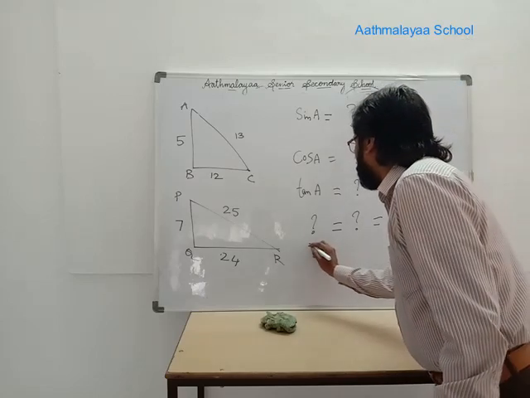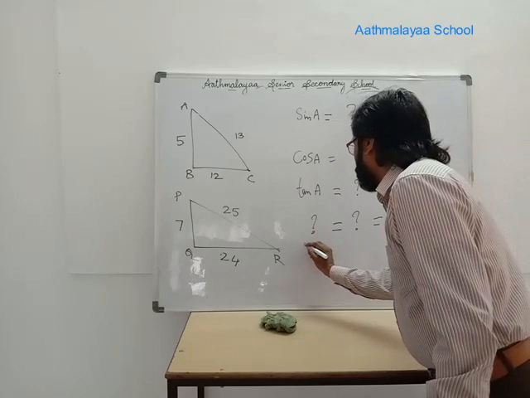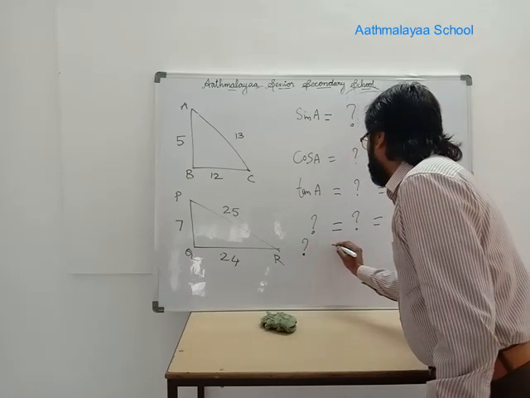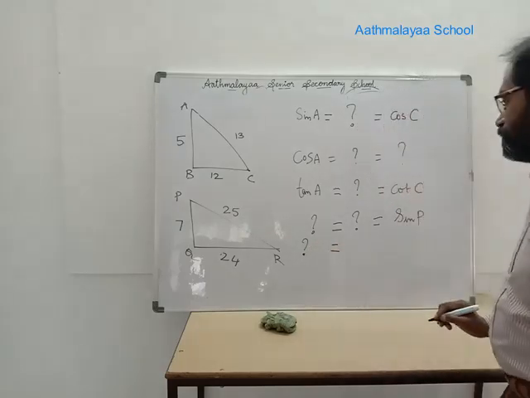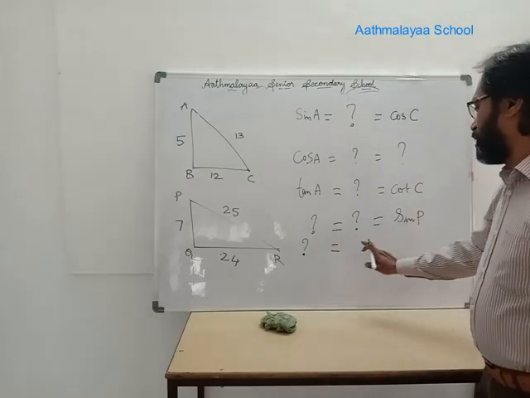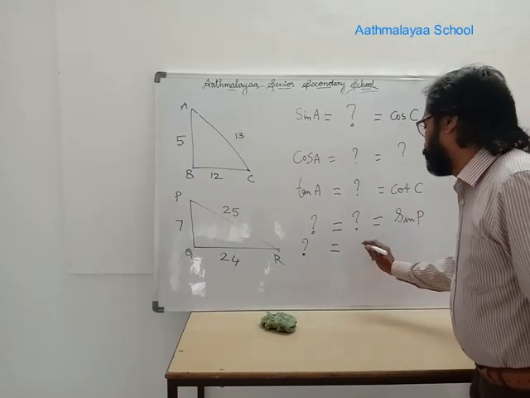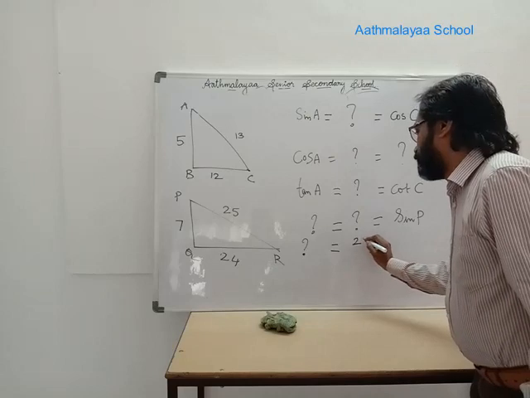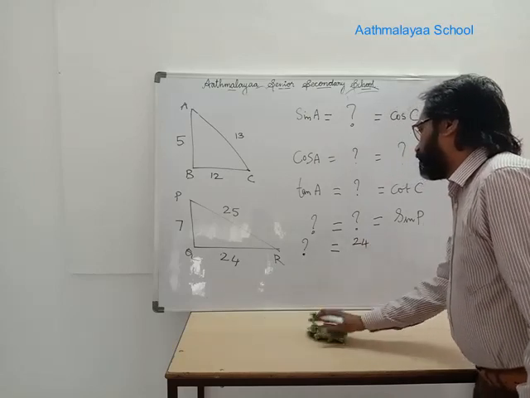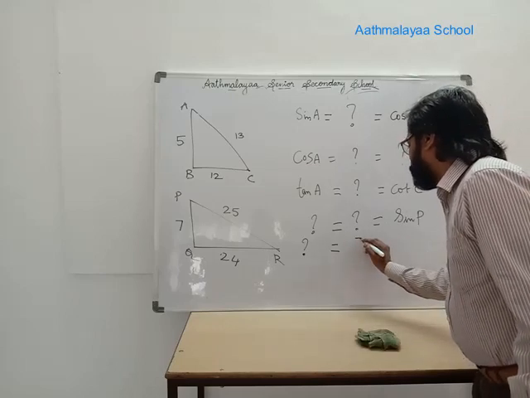Now here I will write something else. Sin P I have written. Here I am going to write something else in terms of P only, which is 24 by 25. We will get there. So we will write 7 by 25.